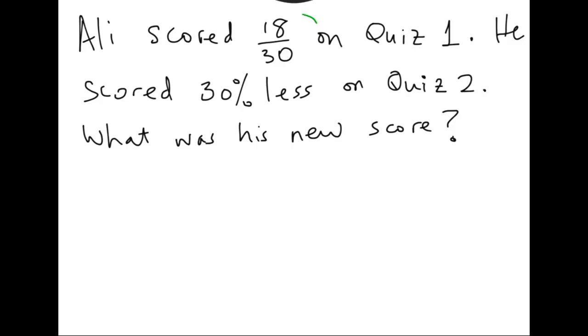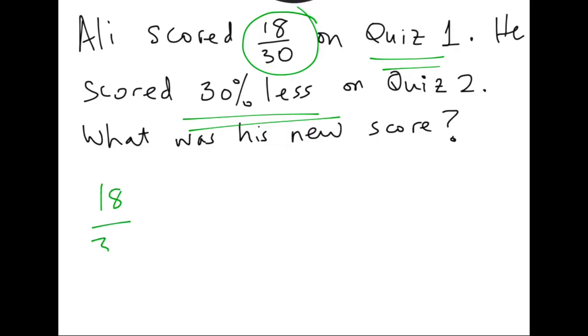Ali scored 18 out of 30 on quiz 1. He scored 30% less on quiz 2. What was his new score? So quiz 1 is 18 over 30. On quiz 2 is 30% less. So first we need to find what is 30% of 18.